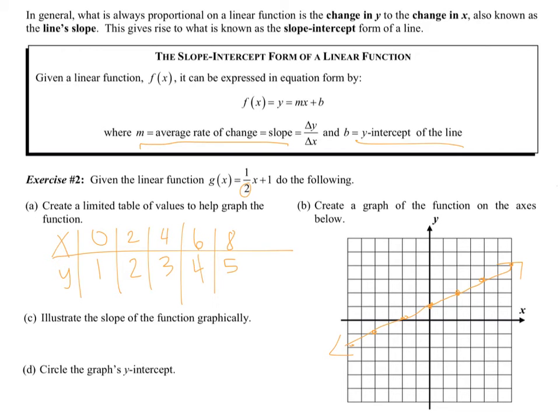What you'll notice is the slope is up 1 over 2, up 1 over 2, up 1 over 2, all the way across. So it is going up 1 over 2, which is the slope. And then the y-intercept is where it crosses the y-axis, which is 1.